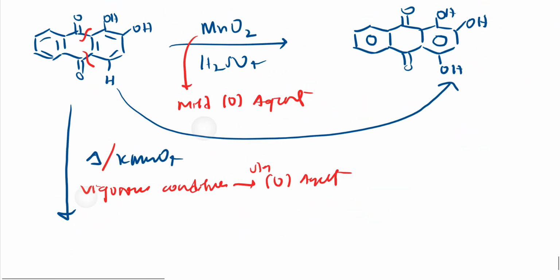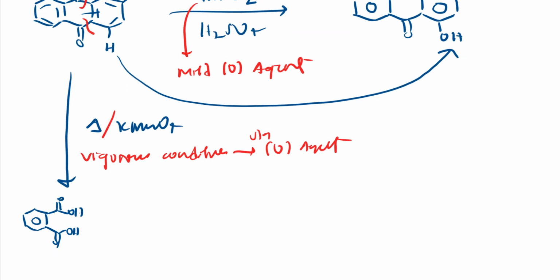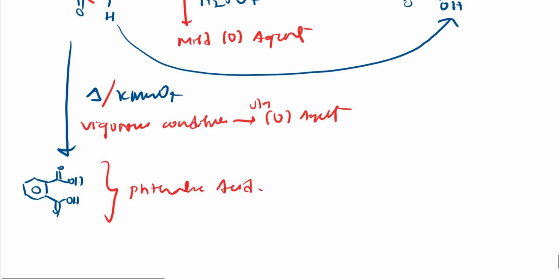I hope you will imagine it. It will be like this: COOH, COOH. Like this the bond broke. So we'll get phthalic acid. We get phthalic acid with a strong oxidizing agent in vigorous condition. I hope it is clear. This we have studied in structure elucidation also.